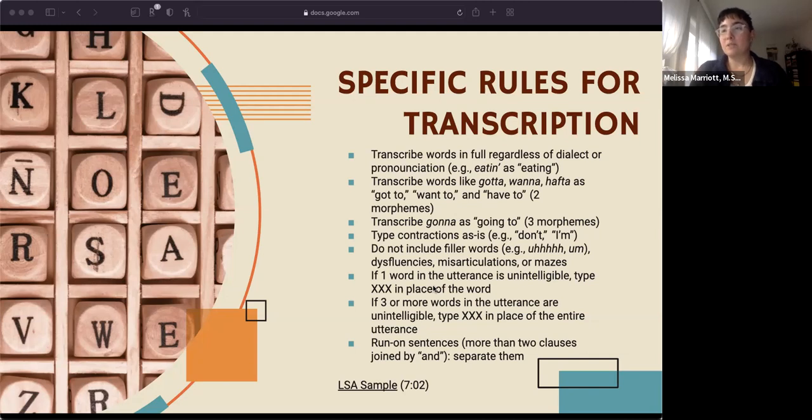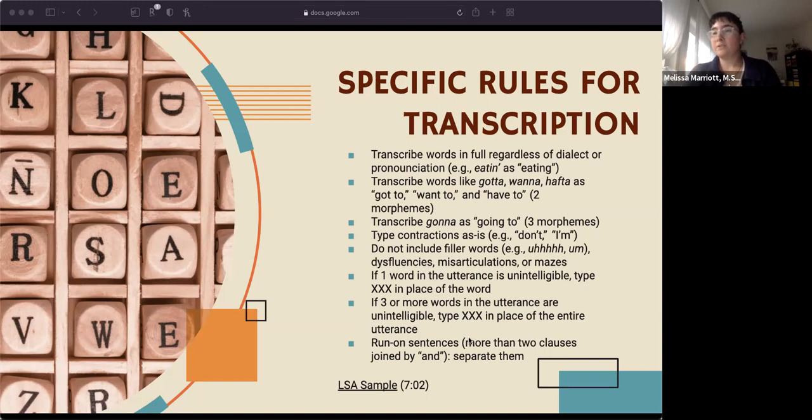The reason being that I don't want to skew my data with having more or fewer morphemes than what was actually there.